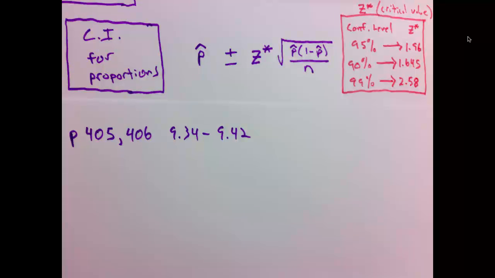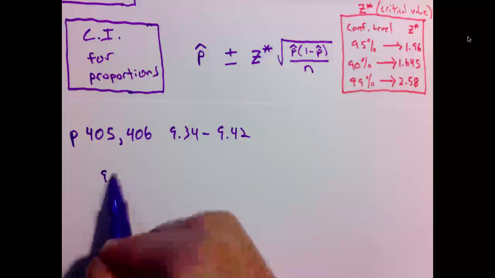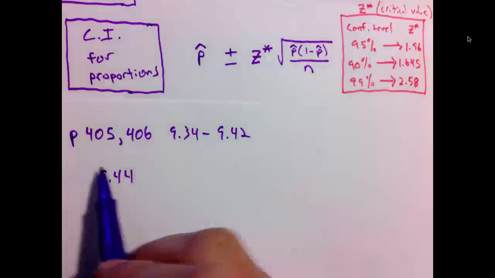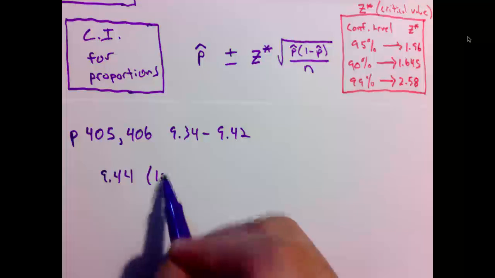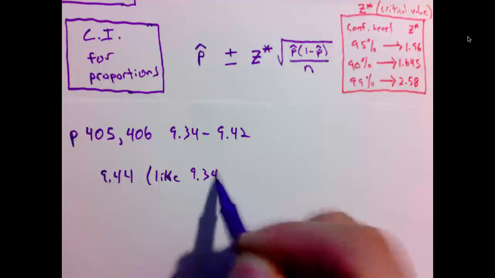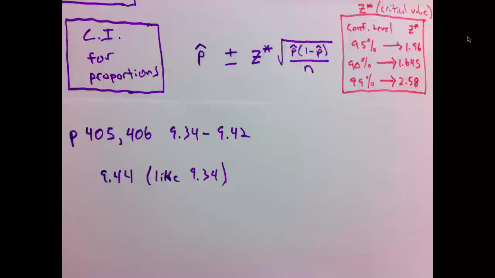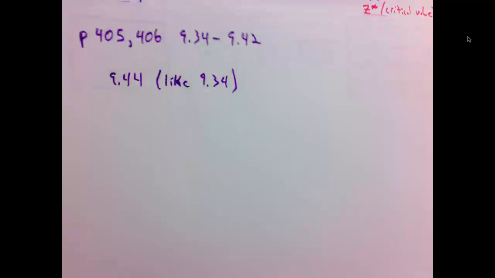I'm going to do number 9.44. 9.44 is not in your homework, but it is remarkably similar. It is like 9.34 that you have to do. So with 9.44, you should be in good shape for answering 9.34.